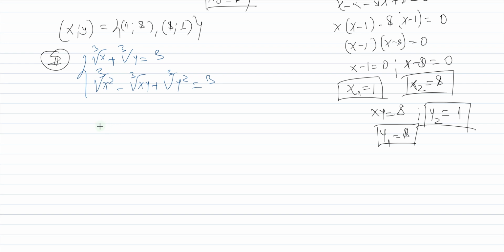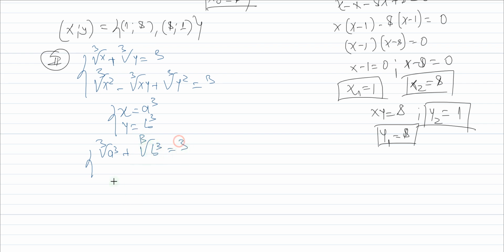So what I'm going to say is that x is equal to a to the power of 3 and y is equal to b to the power of 3. Okay, so replacing here, we're going to have the cubic root of a to the 3 plus the cubic root of b to the 3, and this is 3.